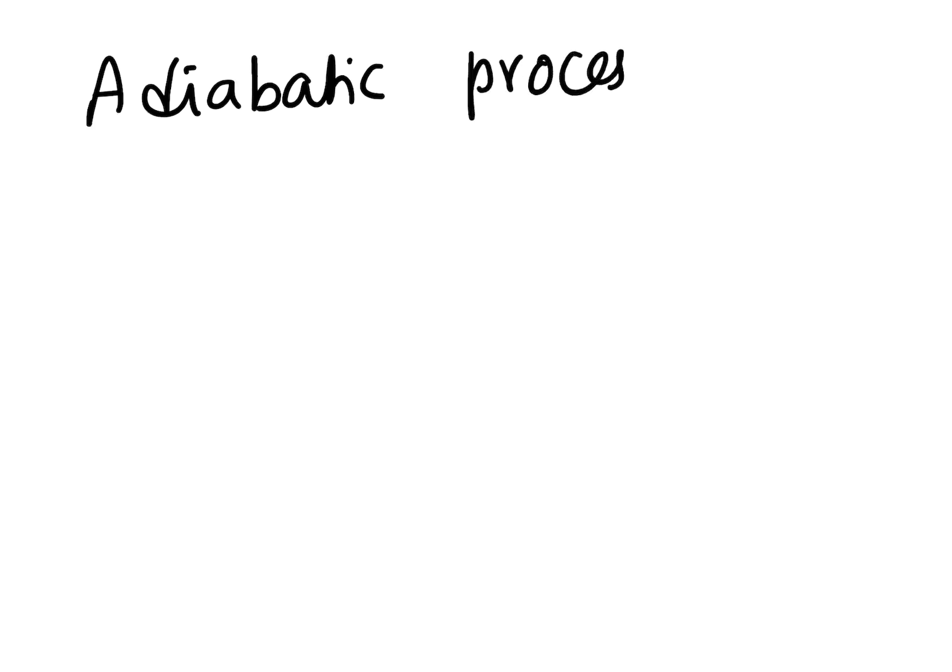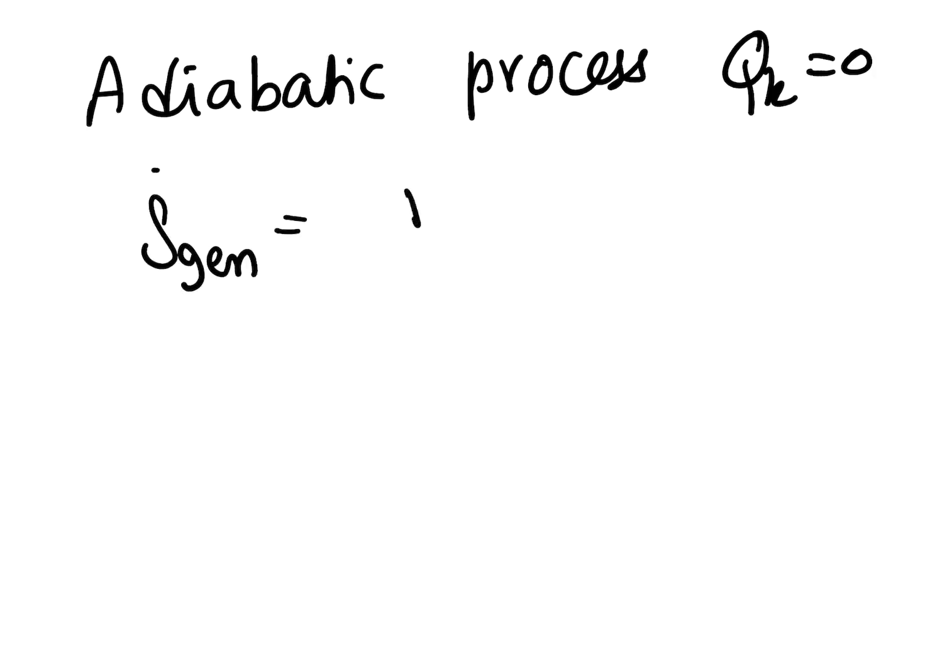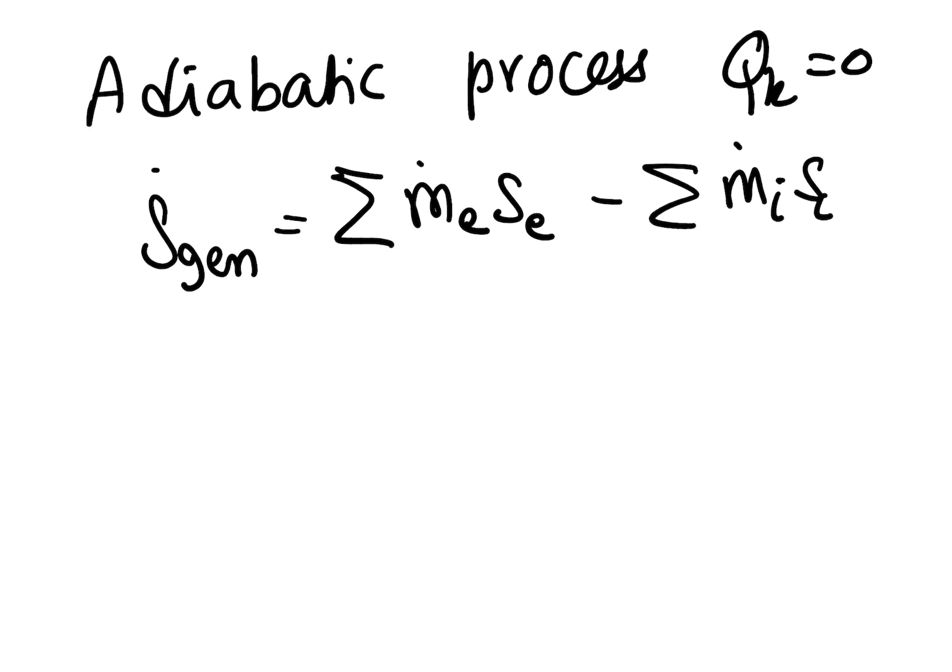So if you have an adiabatic process, or a process in which there is flow but no heat transfer, Sgen equals me dot Se minus mi dot Si. This would be the entropy generation.